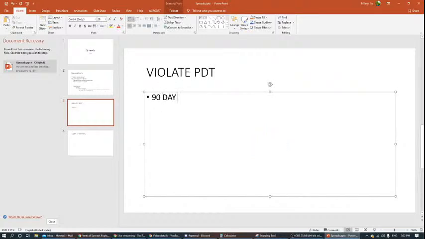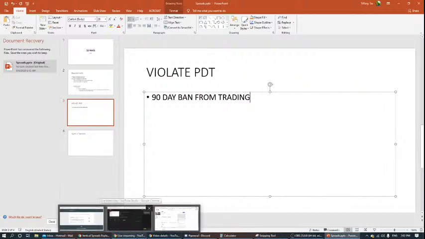A 90-day ban. Yeah, it's not fun being banned 90 days from your margin account. You can't do spreads, you can't sell premium, and you cannot do anything. You're just stuck. You can close positions, but you cannot open any. So that really sucks.